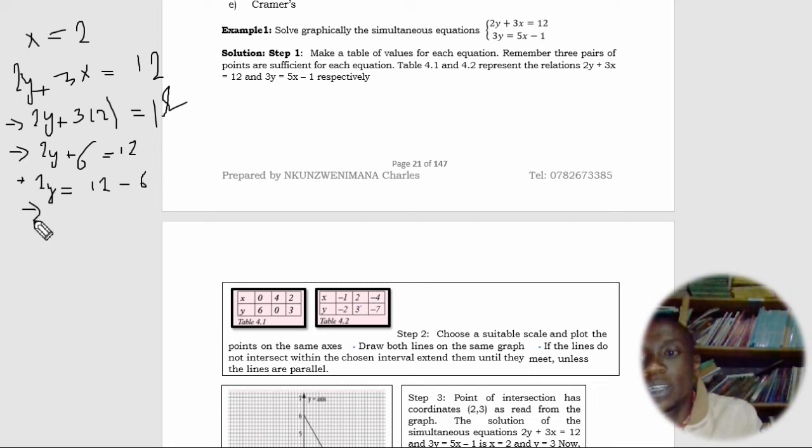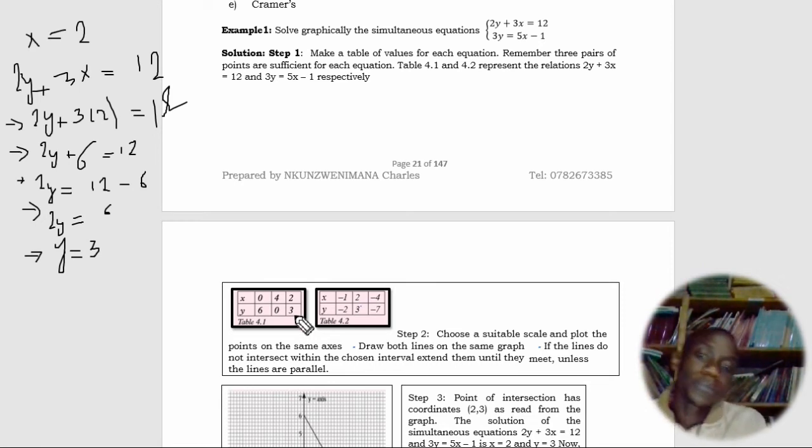This equivalent to 2y, which is equal to 12 minus 6 equals 6. This implies y equal 6 divided by 2, it becomes 3. And you see that here, if x equal 2, y equal 3.